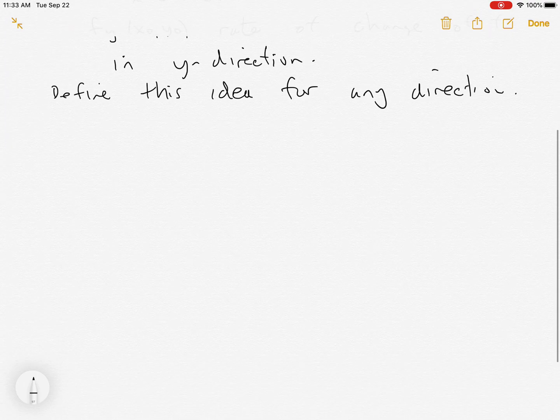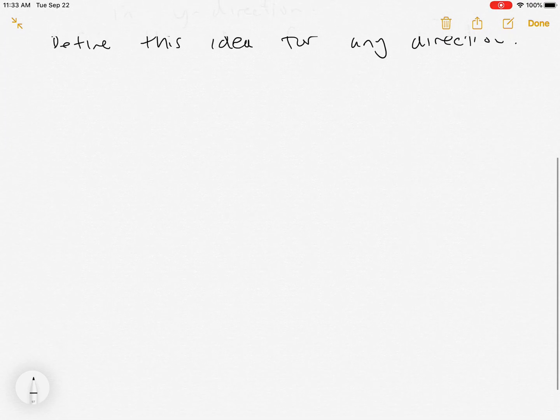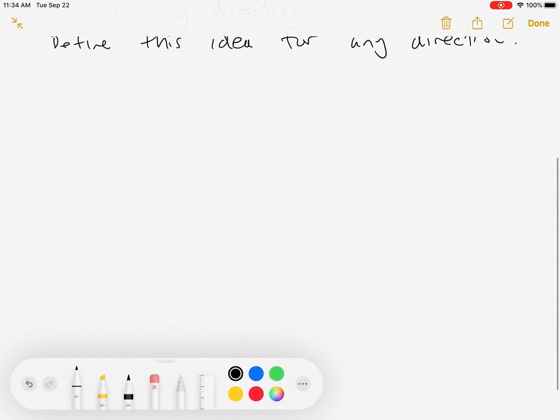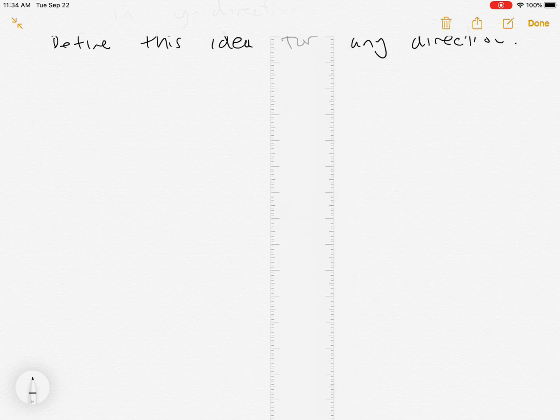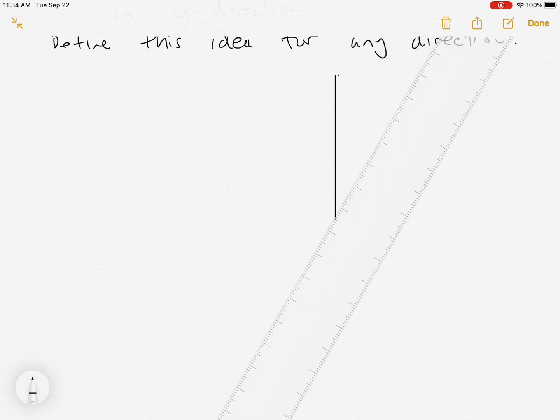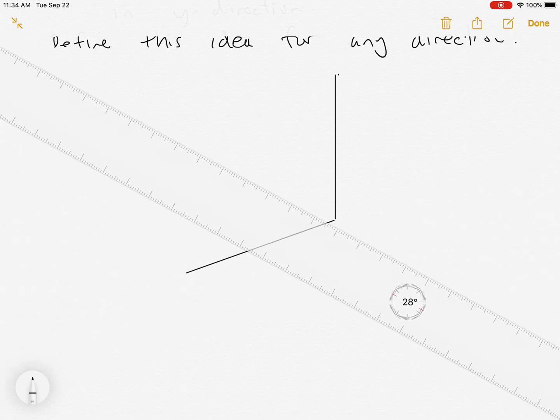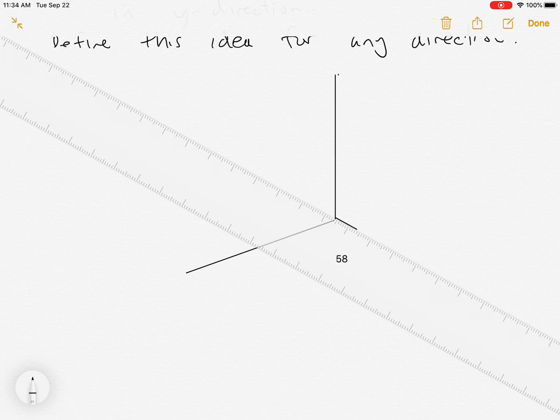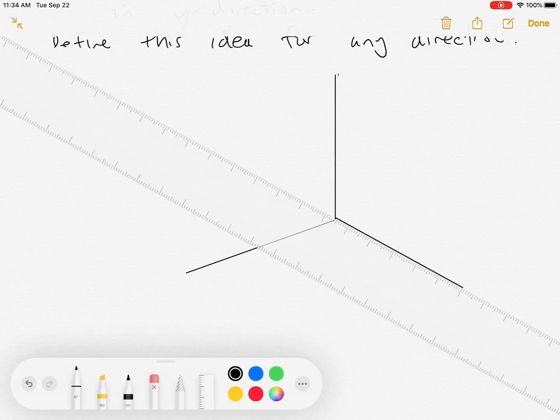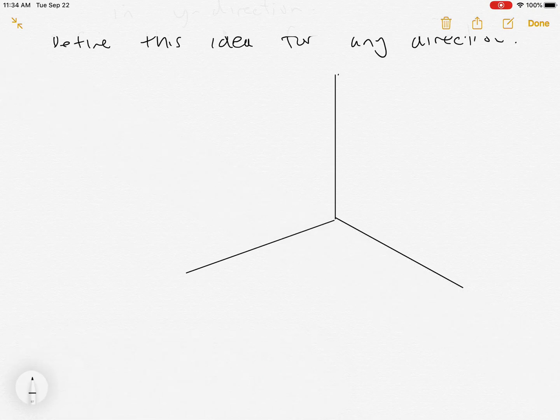So here, let's get a picture up here. Try and make this as perfect as I can. Use my ruler. Okay, so we have the z-axis, the y-axis, and the x-axis.